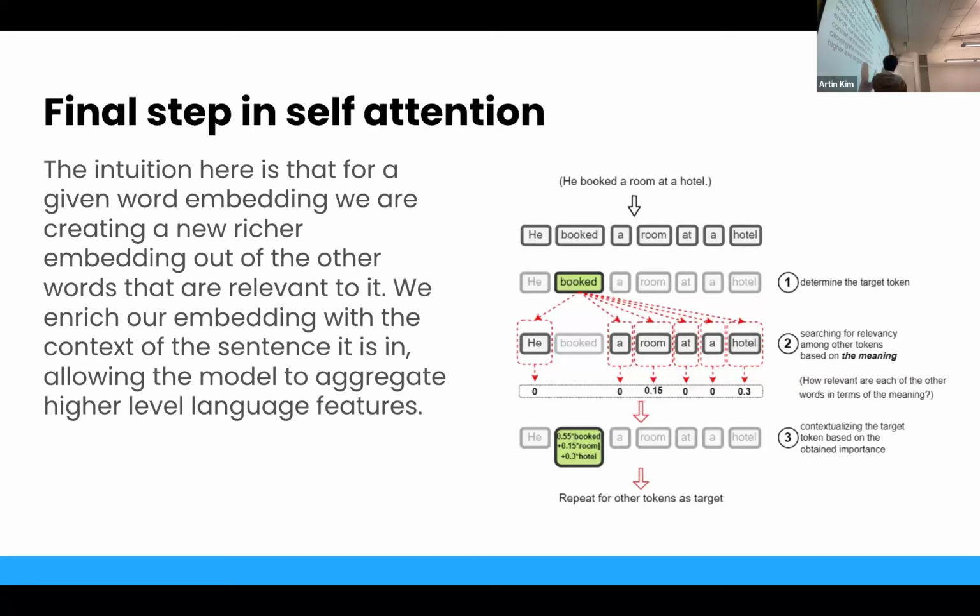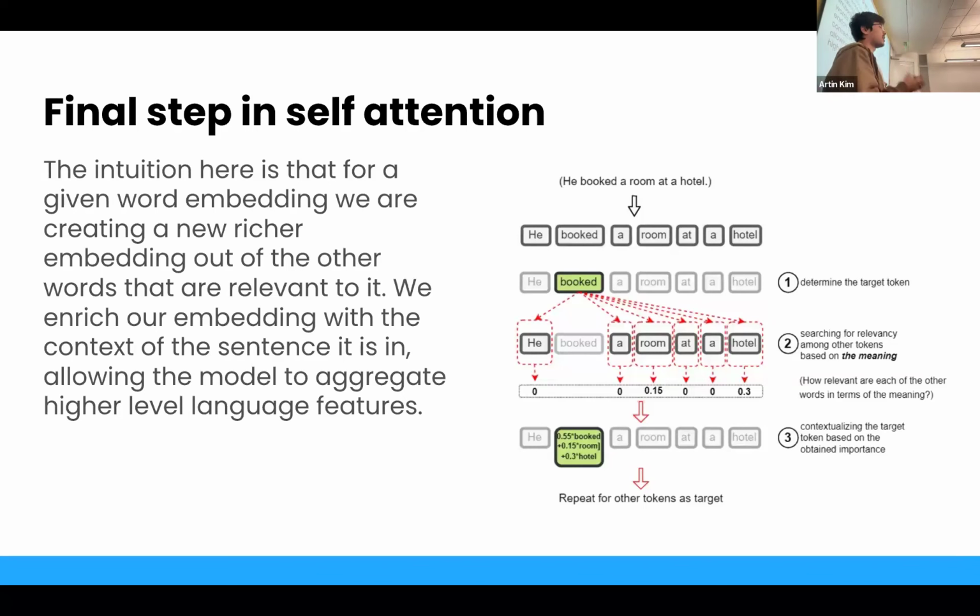We do that by figuring out its relevance to other words and then turning it into a linear combination sum of those other words weighted by the relevance score. Look, "booked" is a lot of itself, like 0.55, but 30% of it is going to be "hotel," and then 50% is going to be "at." Again, why and how, this is just a mechanism that works.